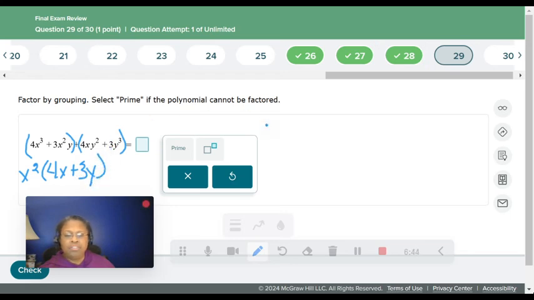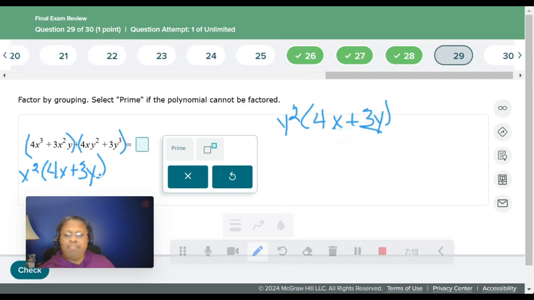I'm going to have to finish this over here because I wrote too big. What can we take out over here? We could take out a y squared. If we have y squared, that would leave us with 4x plus 3y. So let's factor by grouping.